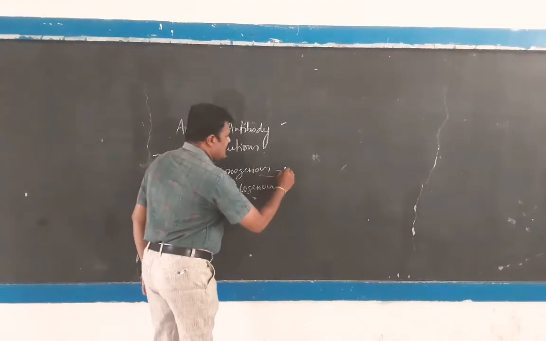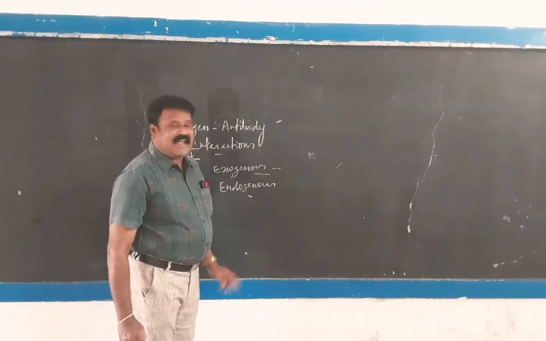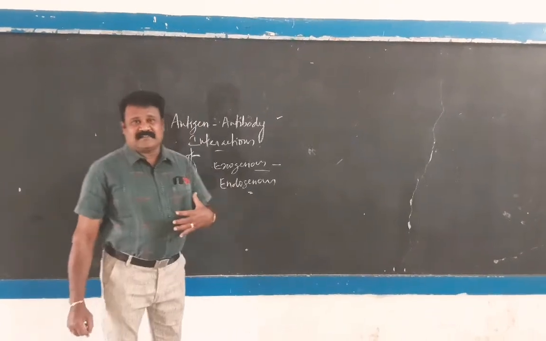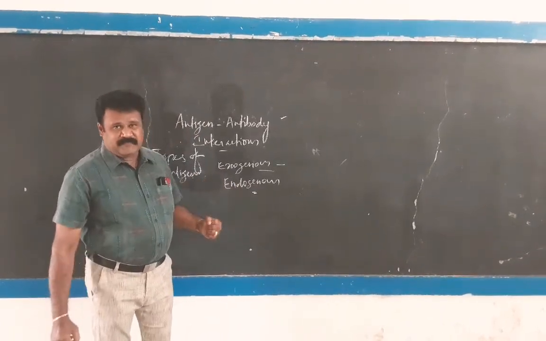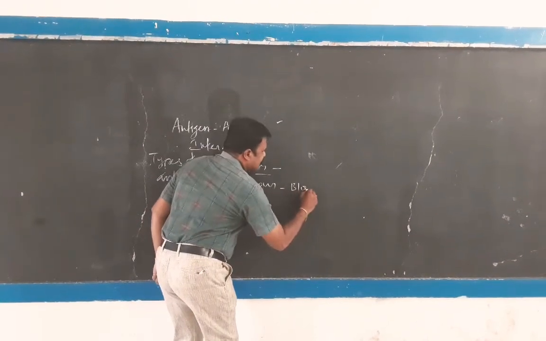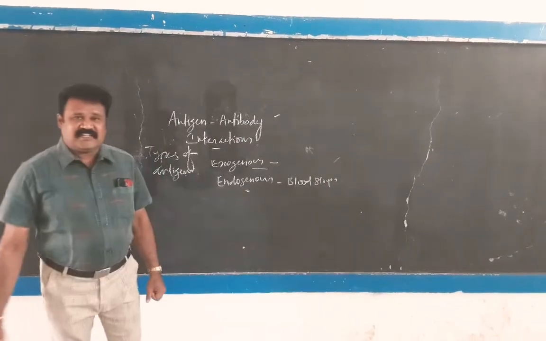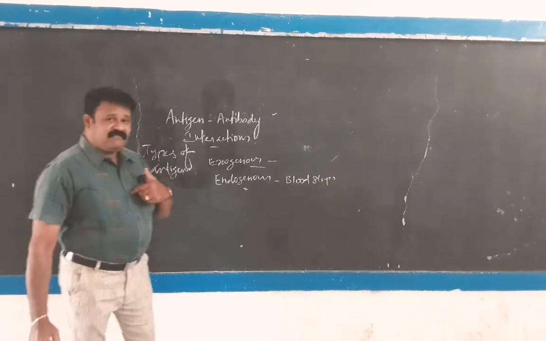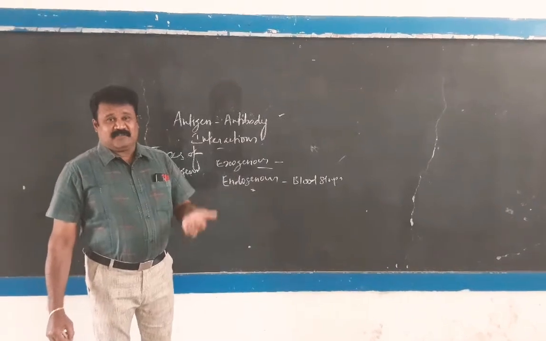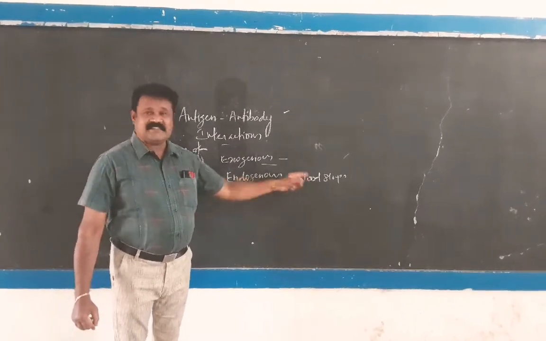Actually, the exogenous ones are disease causing, but the endogenous antigens never cause disease to the own body. The blood group antigens are examples of endogenous antigens. We have antigens in our blood, and those antigens are called endogenous antigens.